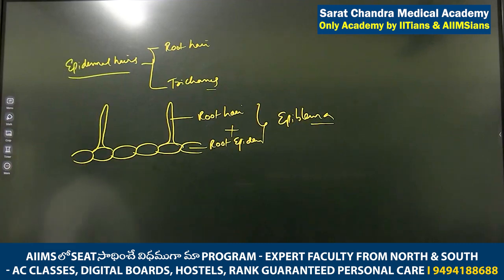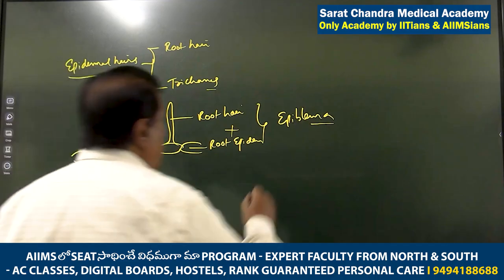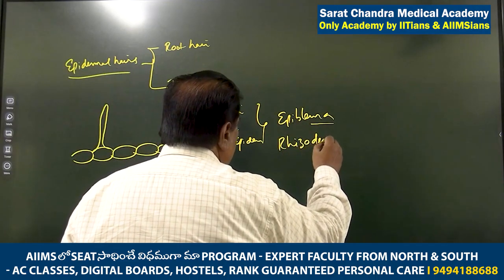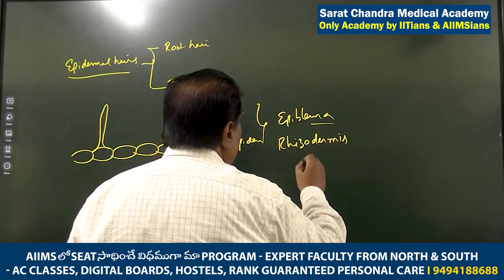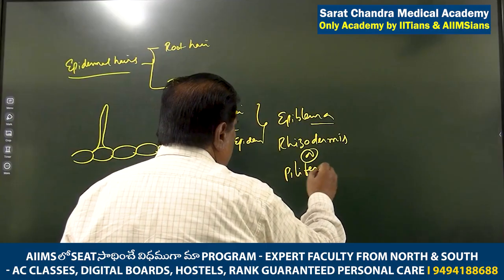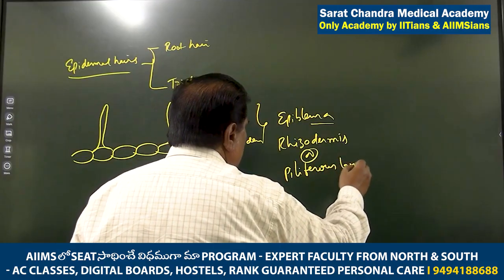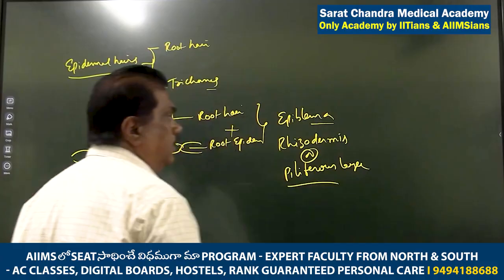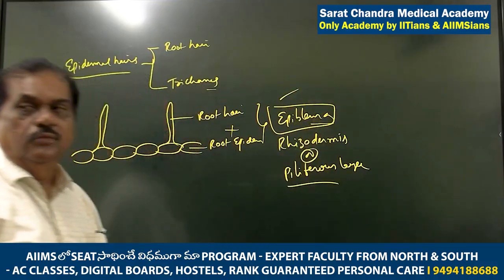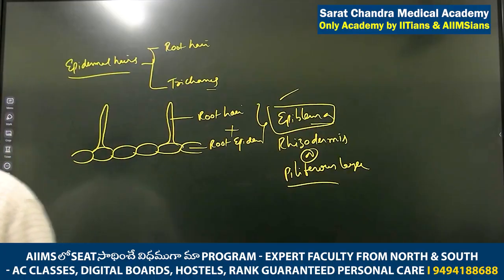What is another name for epiblema? Epiblema may also be called rhizodermis. It may also be called piliferous layer. But in the NCERT textbook it is given as epiblema. Root hair and root epidermis together are called epiblema.